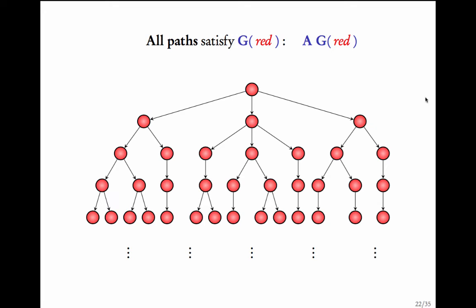This tree satisfies A G red. All paths satisfy G red can be written as A G red. This is the notation. Similarly, this will become A of X red. And this becomes A of blue until red. So all paths satisfy blue until red.